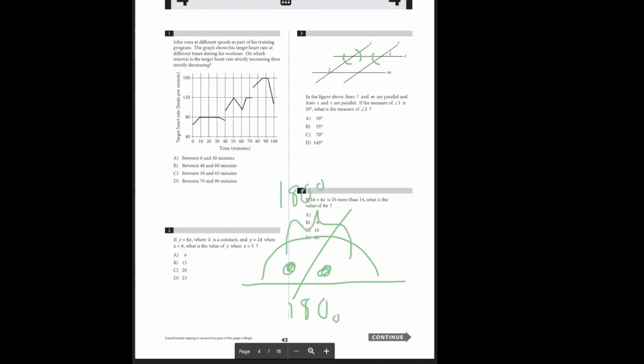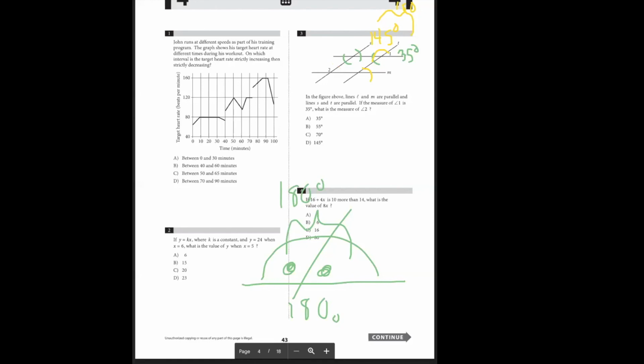So here, if angle 1 is 35, then the angle right next to it has to be, I think that ends up being 145. Yeah, because 145 and 35 add up to 180. And since it's on a line, we know that's true. And since these lines are parallel, you can just apply the same principles over here, where those are equal.